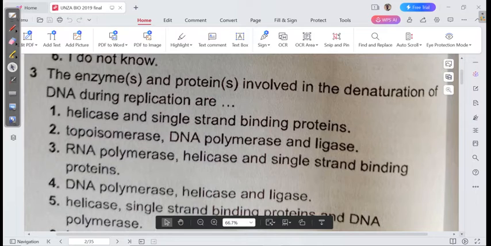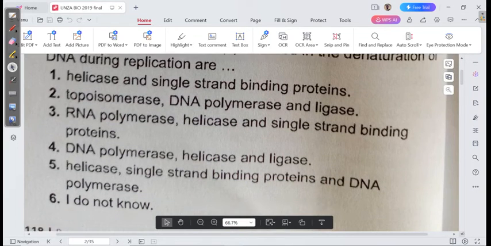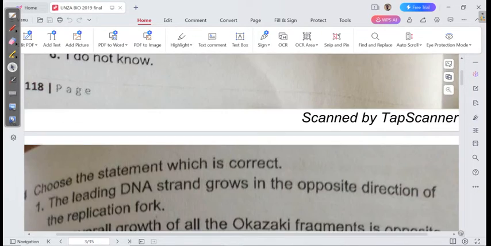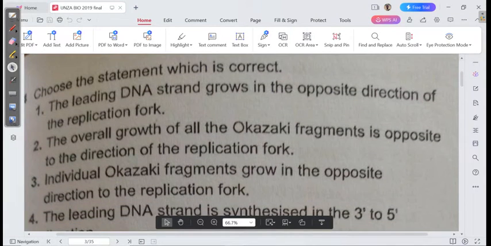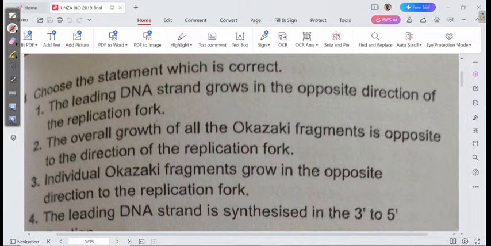So if there are no questions, we come to question 5. Choose the statement which is correct. We have 5 statements here. Option 1, the leading DNA strand grows in the opposite direction of the replication fork.